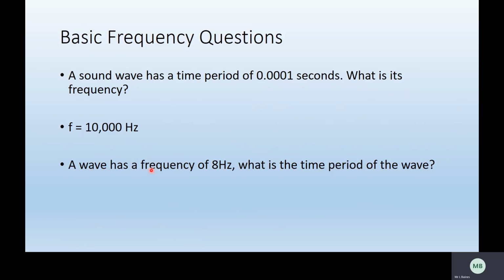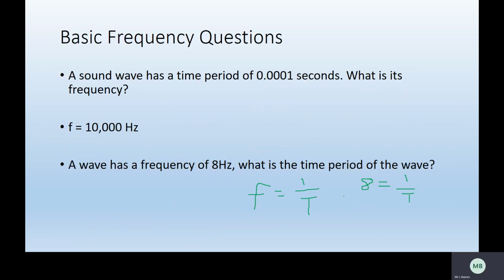This one required you to do a bit of rearranging. So again, f is 1 divided by time. If I fill in my numbers, 8 is 1 over time.